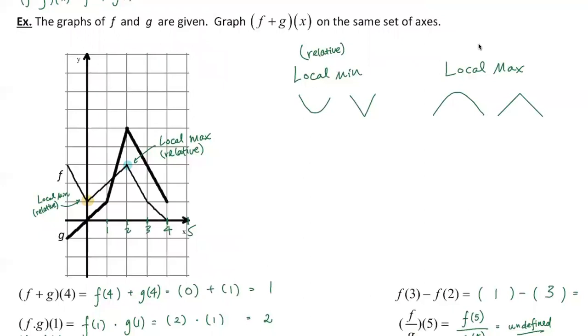So now we will take a look at the absolute minimum and the absolute maximum. If you look at the word absolute, you can think about what it could mean. For the entire graph, where is the graph that is absolutely the highest or the lowest?